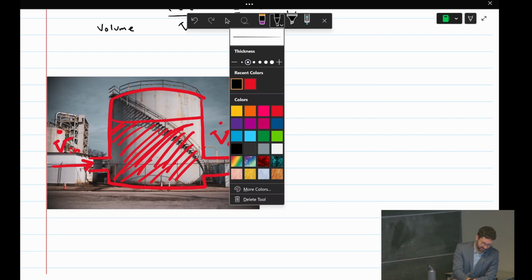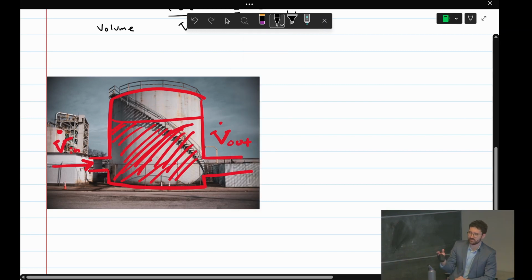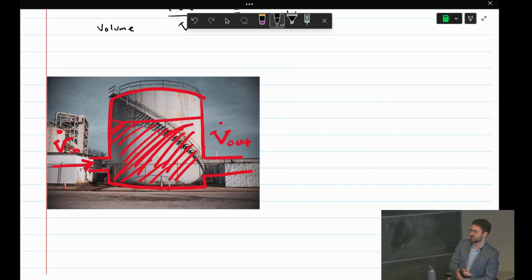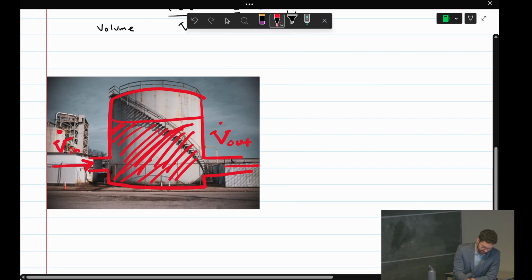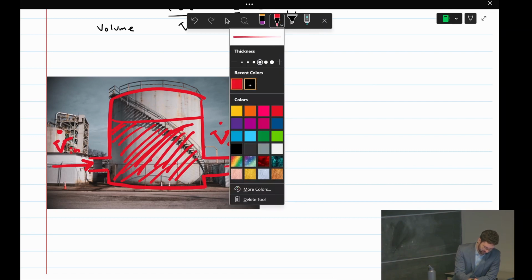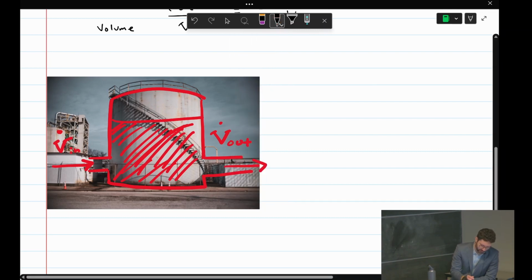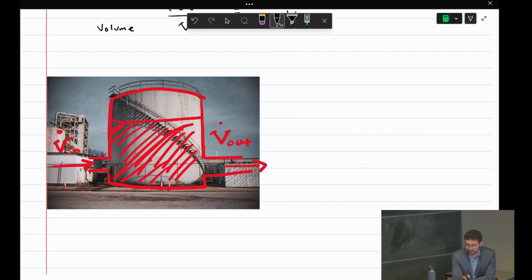Exactly. We change the level of liquid in the tank using a difference of volumetric flow rates in and out of this tank. Say the diameter of these two pipes are equal. The only way we have to change the volume flow rate then is a difference in velocity.